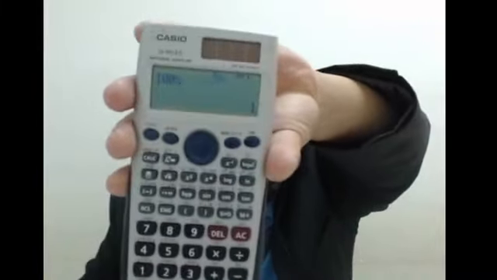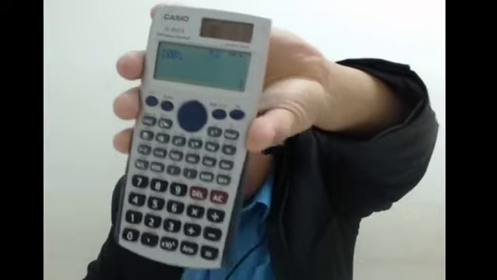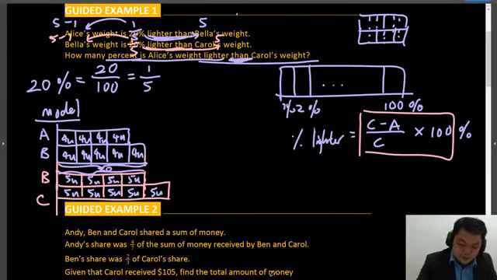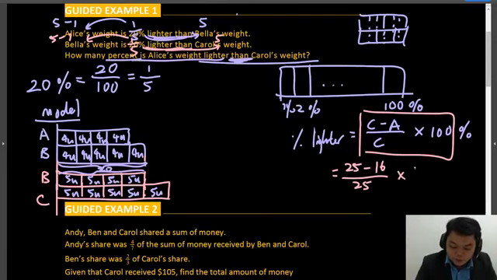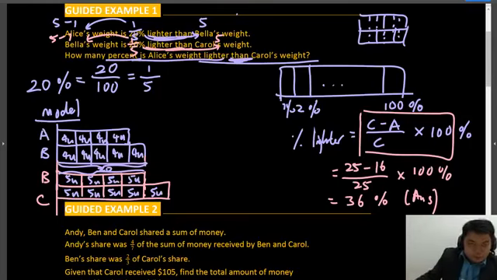The reason is that the calculator interprets 1% as 0.01, and the calculator can't think for itself. You have to do the thinking for it. Okay, so key this in only. You will see that you have 25 units minus away 16 units out of a total of 25. So multiply this by 100% and you will obtain 36% over here, which is your answer.